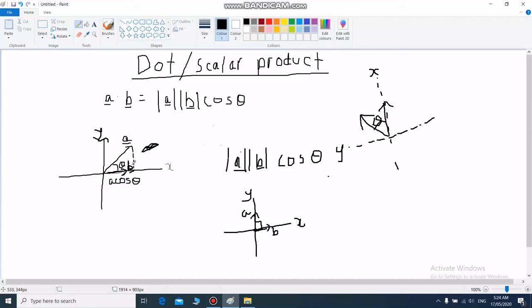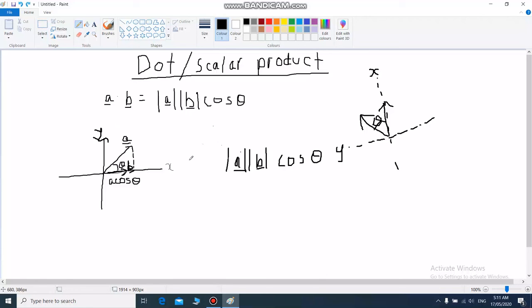We had to work out the horizontal component, or the component of a in the direction of b, isn't it? But if we work out what the component of a is in the direction of b, well, that's just going to be this one point. And remember, a point is zero dimension. It doesn't have any size, so that point would have the size of 0. So a cos theta would become 0.